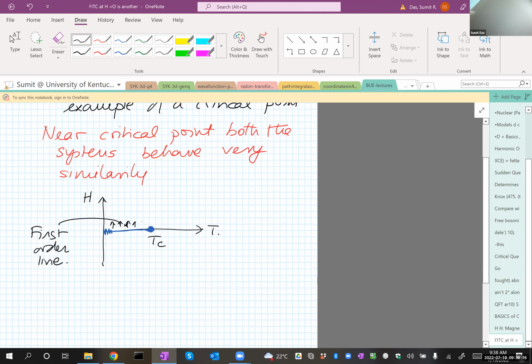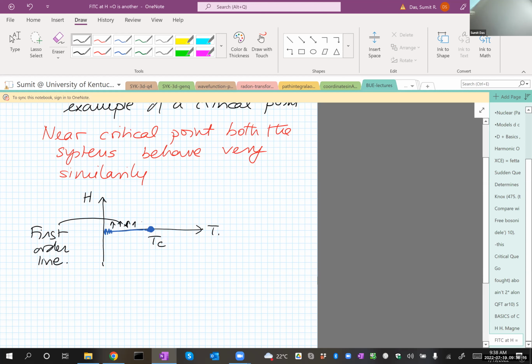So if I imagine taking the sample and changing the magnetic field from positive in the z-axis to negative, something very suddenly happens as you cross H equal to 0. Namely, the net magnetization changes sign from positive to negative. So there is a discontinuity of the magnetization, and the discontinuity goes to 0 as you approach the critical point.